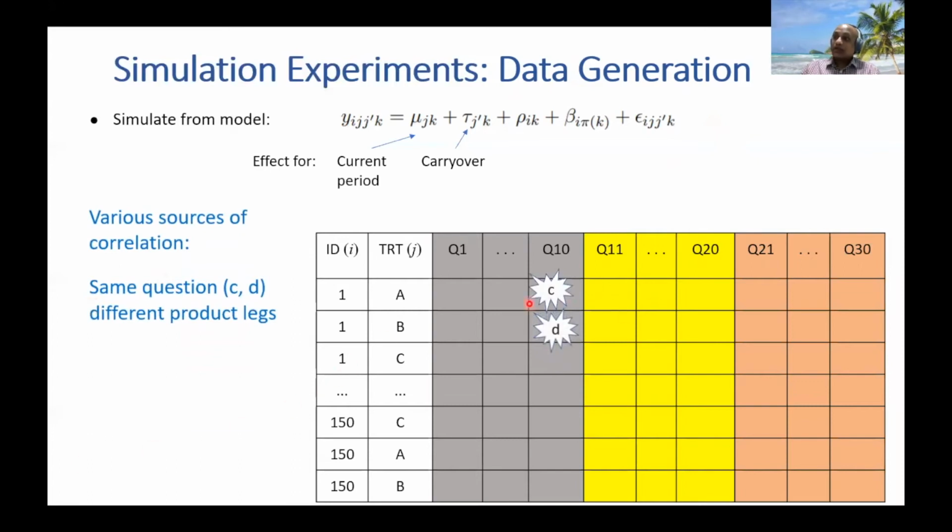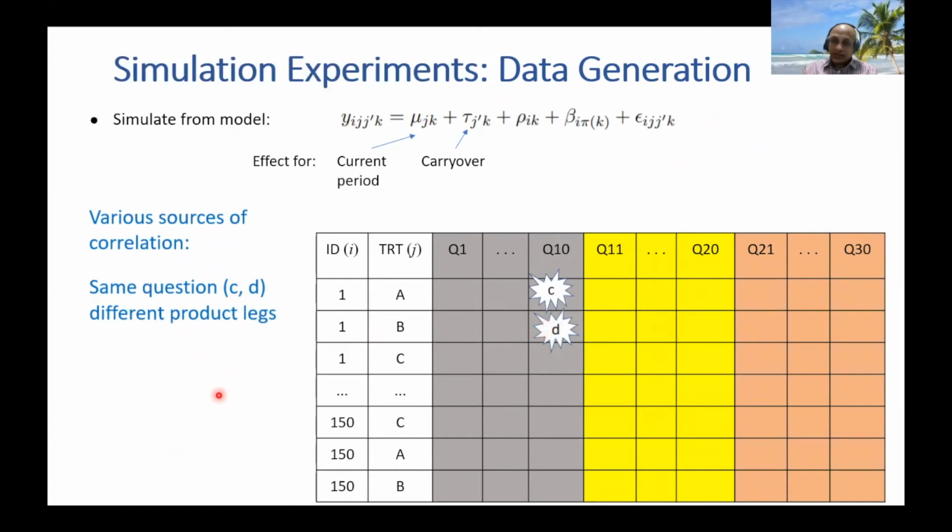For example, panelist number 1 answering question number 10 for product leg A and product leg B used in period 1 and period 2 respectively. Since these are the same questions answered by the same panelist, we expect this to be correlated.